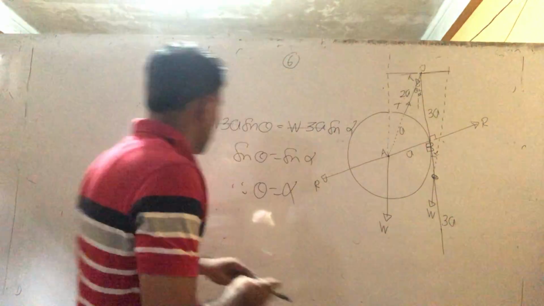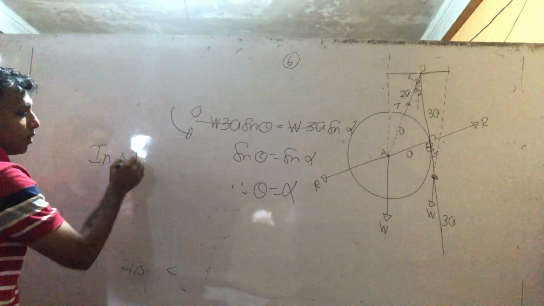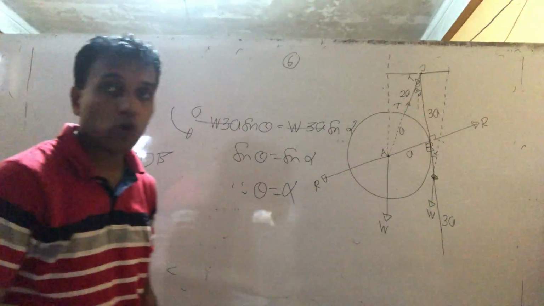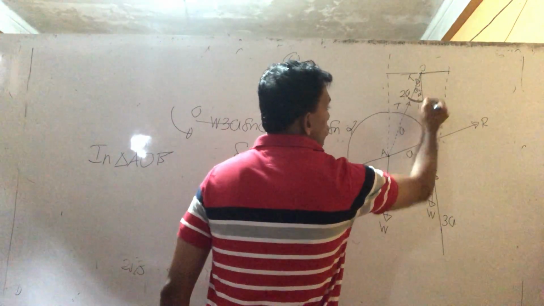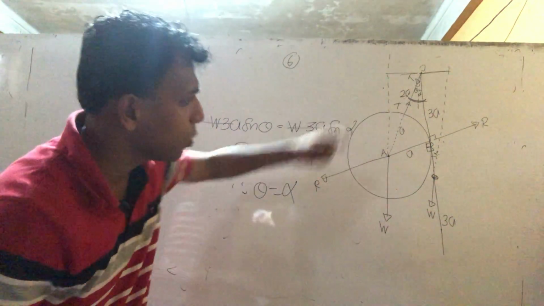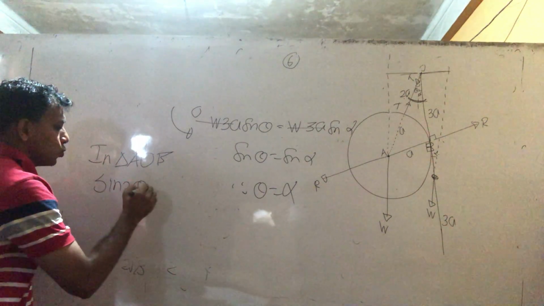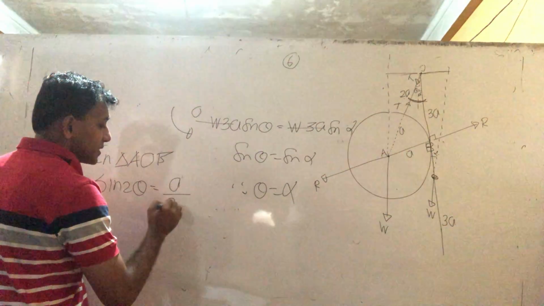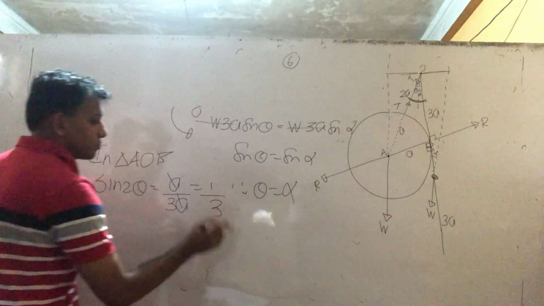So take this triangle. In triangle AOB, can I say now this one is 2 theta? What is sine 2 theta? Opposite over hypotenuse. Sine 2 theta equals opposite A over hypotenuse 3A. So A, A cancel, 1/3.